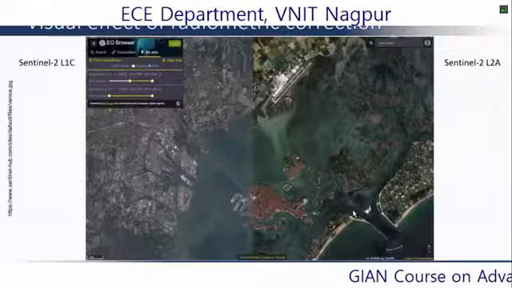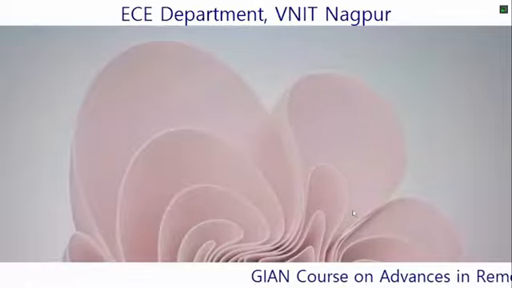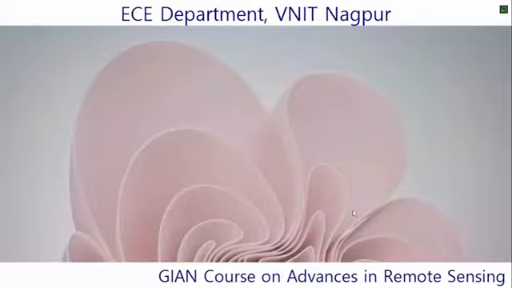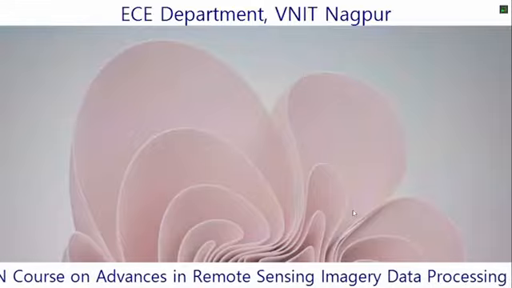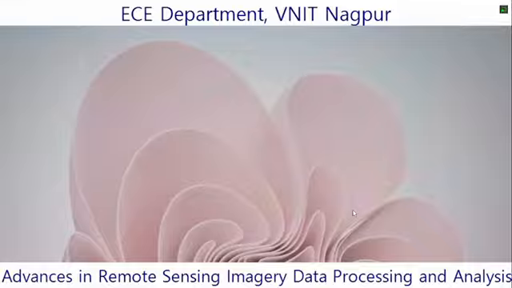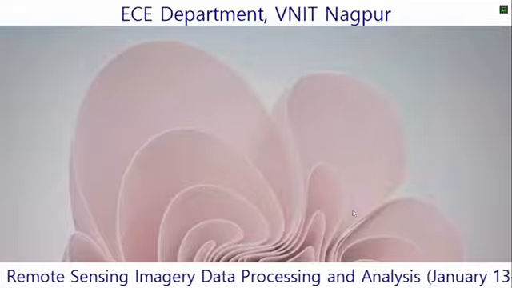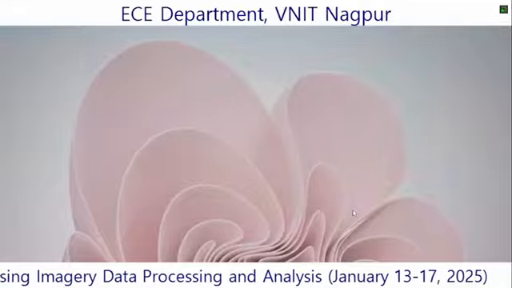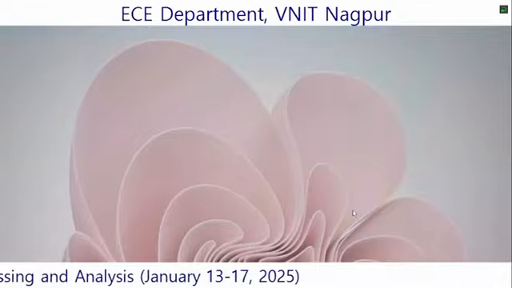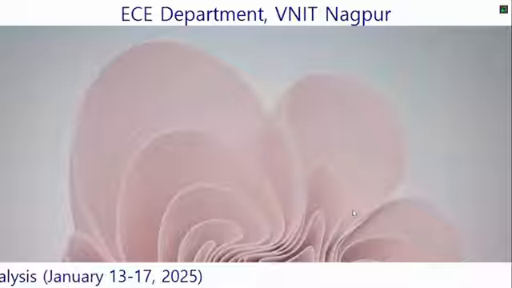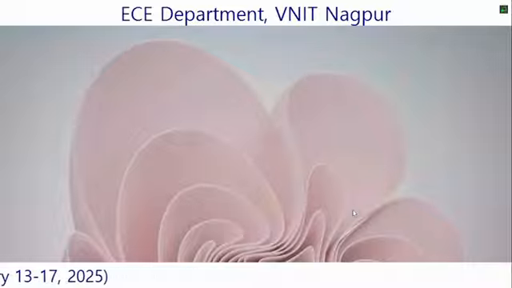Now we can get back to the previous presentation. Yes. One of the two sides of the image, the left side of the image was level 1C, and the right side of the image was level 2A.